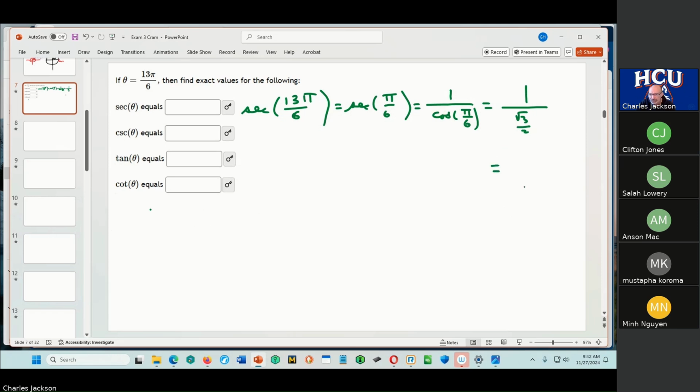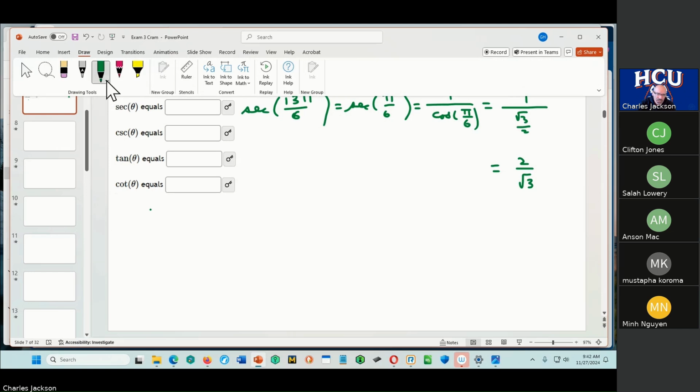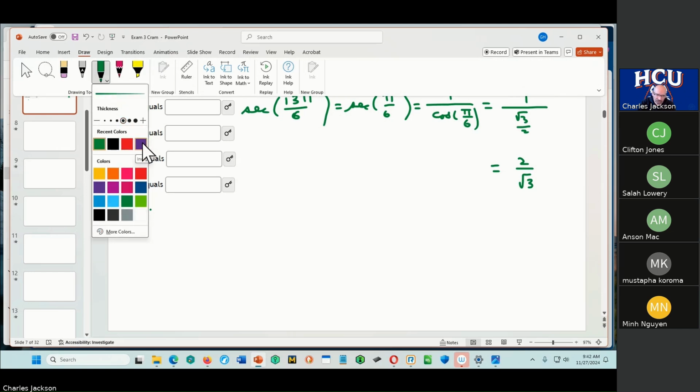So flip it, and you have 2 over square root of 3. And then we're going to rationalize the denominator. You know those graders for your final are going to be more interested in that than I would be. I would be happy with an answer of 2 over square root of 3.